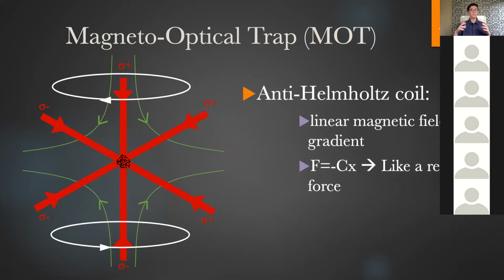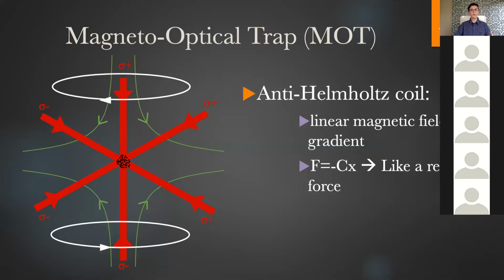This allows us to utilize the fact that our atoms will be affected by what's known as the Zeeman effect, which will cause the ground state energy levels to shift in a way that means that the further from the center our atoms are, the more in resonance with the laser beams they are.